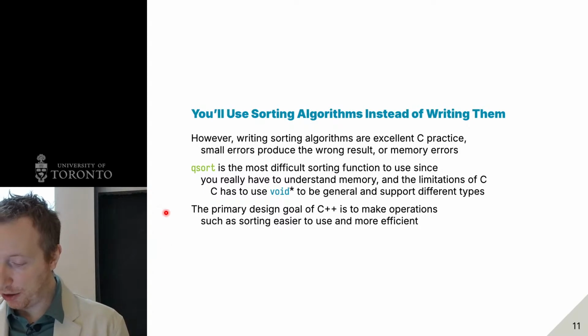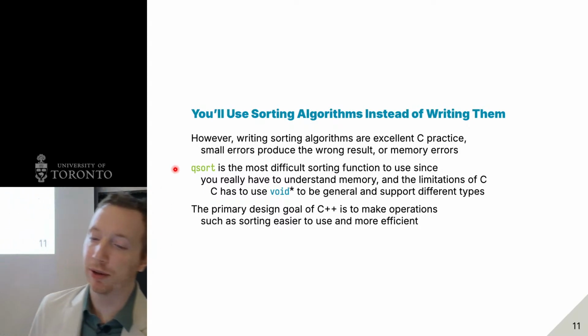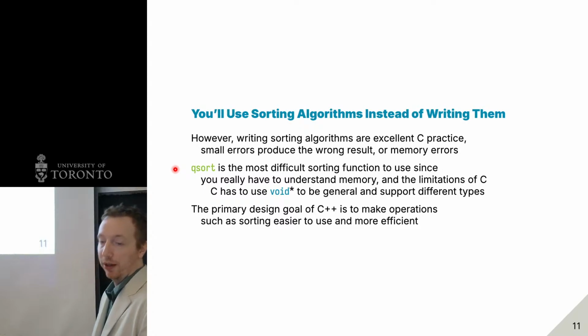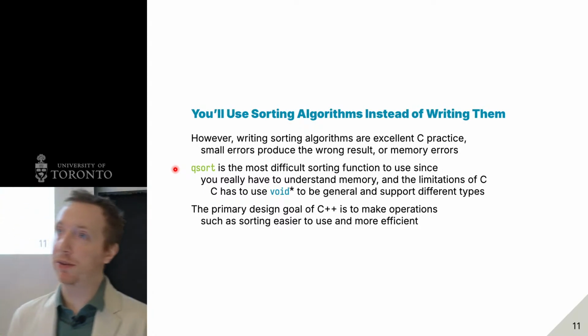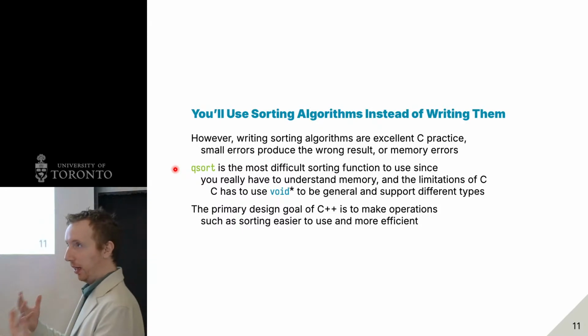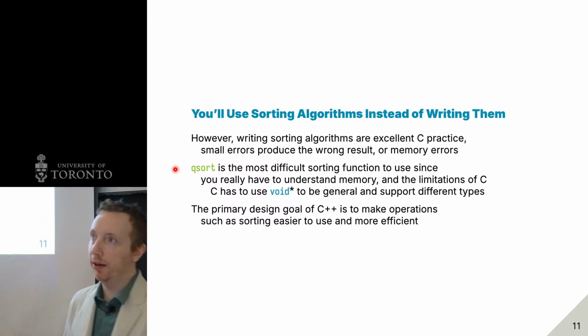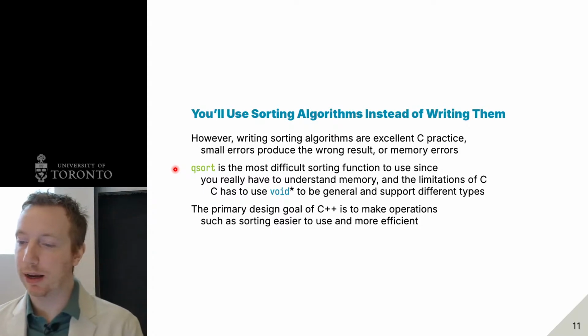Qsort, in terms of programming languages, is the most difficult sorting function to use, since you really have to understand memory, the limitations of C, how much space things take up in memory, what memory even is. Some programming languages try to hide that from you.